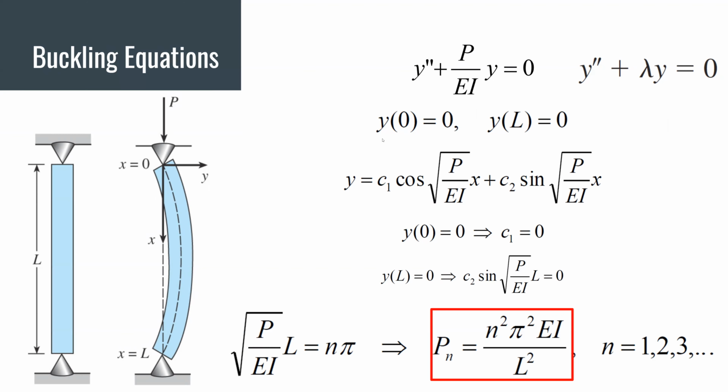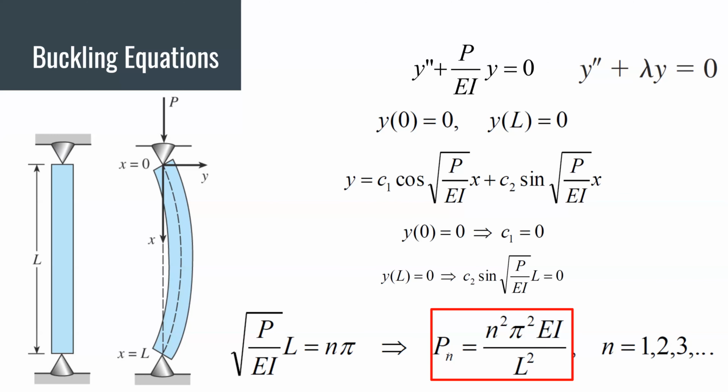To get started on this problem, you have to know the boundary conditions and solve the differential equations. Next, you have to apply the boundary conditions to solve for the constants. From there, you can assume that the values inside the sine function are equal to n pi.